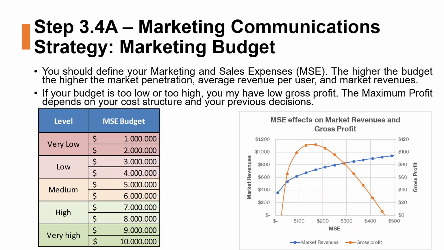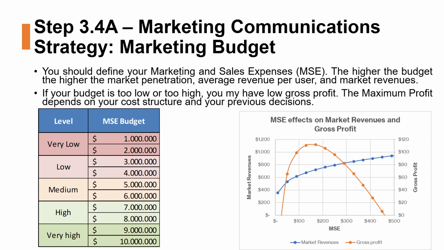This decision is critical because all your outcomes, like the number of customers that you acquire and also the average revenue per user, will be highly influenced by how much money you're investing. In the simulation, you can range investment between $1 and $10 million in marketing for each market.